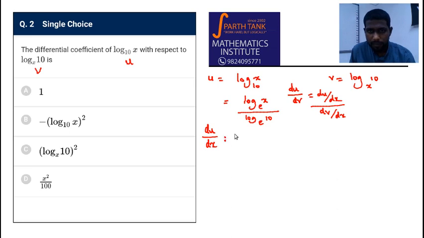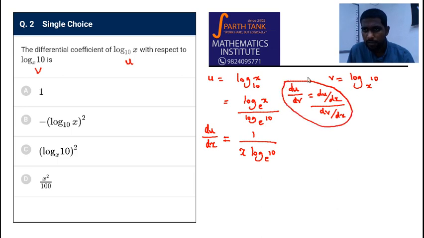Therefore, when you differentiate du by dx, log 10 base e is a constant and log of x base e gives the usual 1 by x. The same way here also, remember this is our target. V is nothing but log 10 base e by log x base e. Now this of course is a constant and it is like 1 by log x.